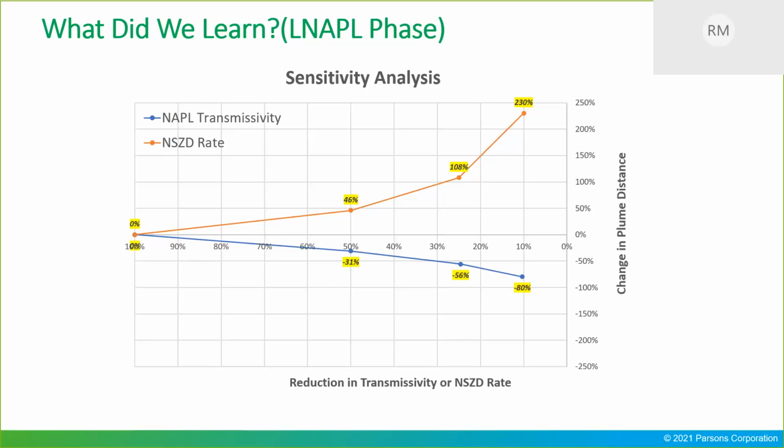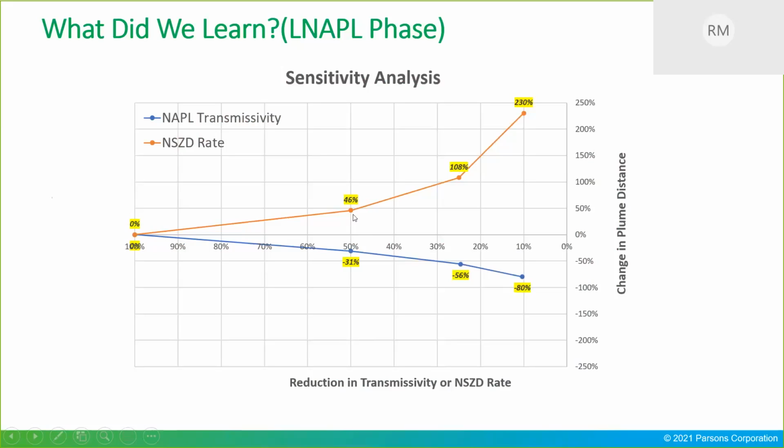The graph that you're seeing is essentially the orange line is your NSCD rate, and the blue line is your transmissivity rate. If your transmissivity decreases by 50% from where it was, like from 1.2 down to about 0.6, your net change in distance is only about 31%. If it goes to 75%, it's 56%, and if it's 10% of the value, like a 90% decrease, then it's going to go down by up to 80%. Whereas if you look at the NSCD rate, you're looking at a much larger change.